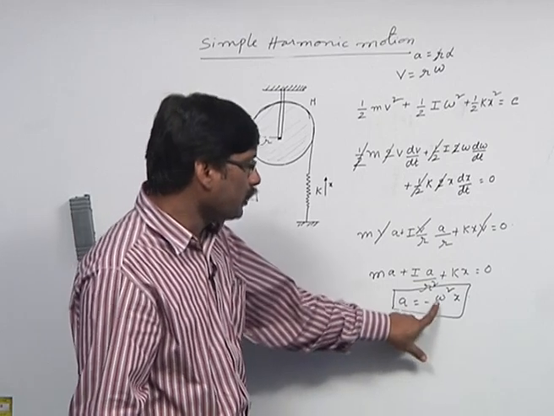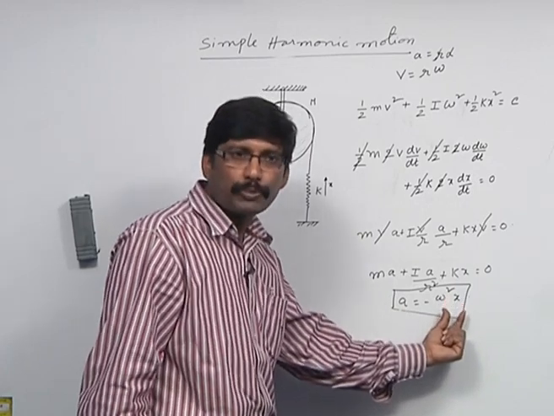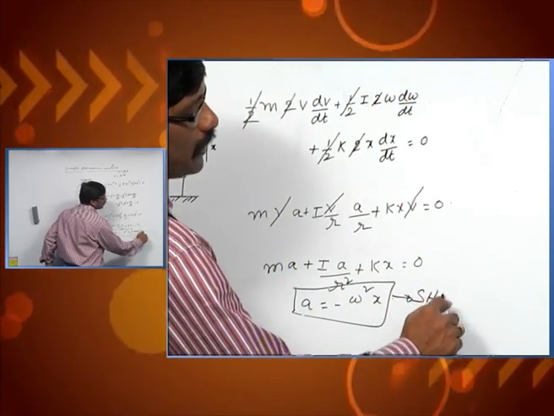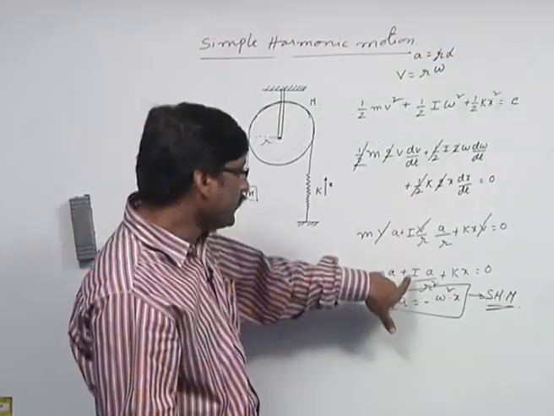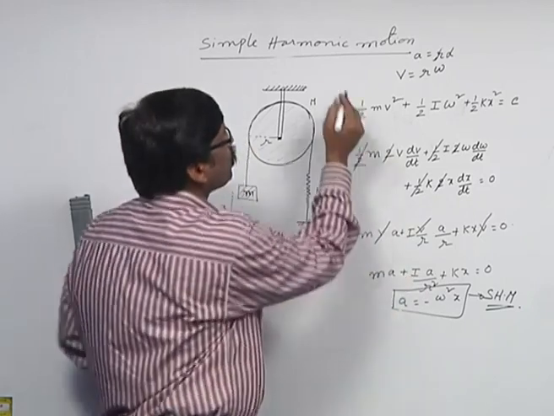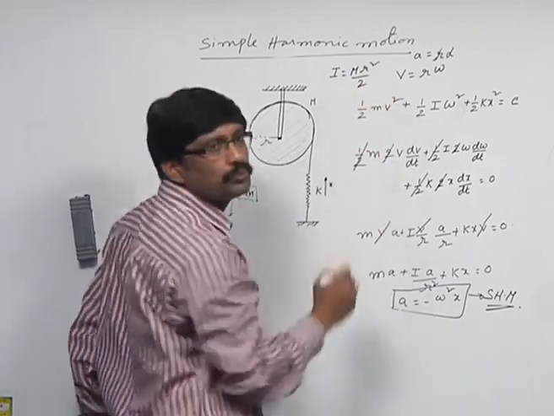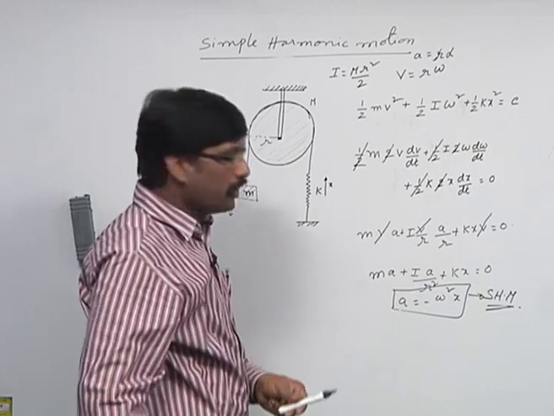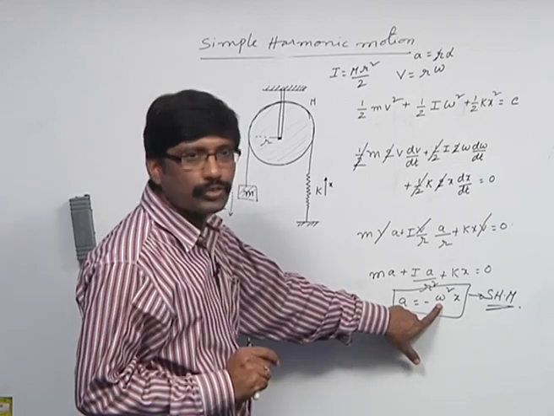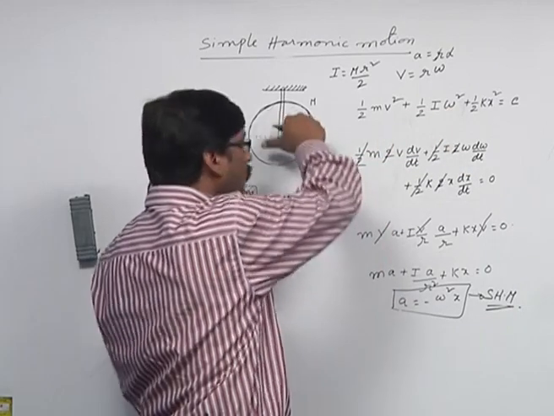This equation proves that acceleration is directly proportional to displacement and directed opposite, which is the basic condition for simple harmonic motion. And what is I here? I is the moment of inertia of the disk, which is nothing but mr square by 2. I am taking this pulley as the disk. So, you substitute the I value, and from that you find out the angular frequency of oscillation. Of course, this omega is different from the omega which is the angular velocity of the disk.